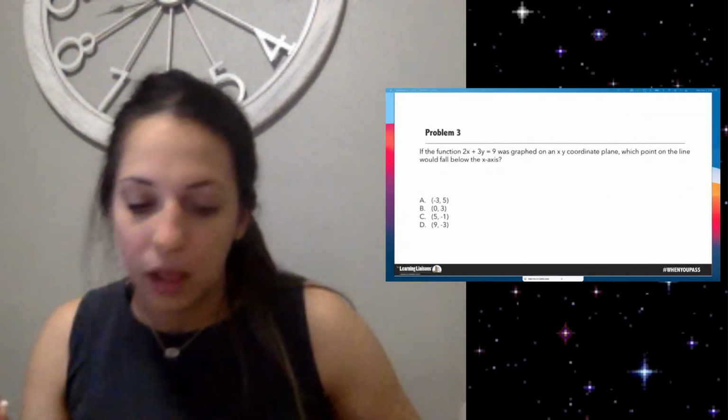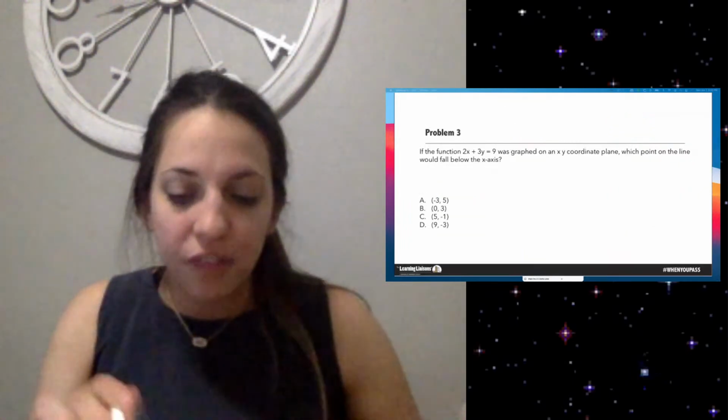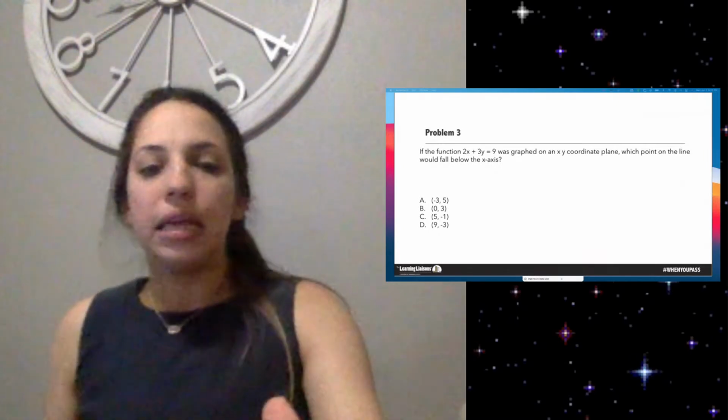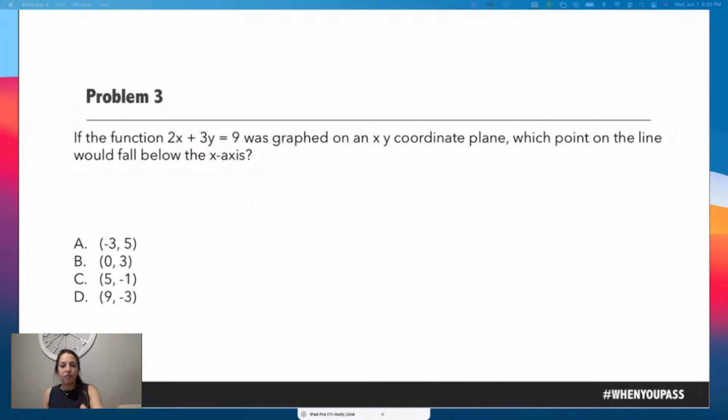All right. If the function 2x plus 3y equals 9 was graphed on an xy coordinate plane, which point on the line would fall below the x-axis? So let's just consider what they're asking here.